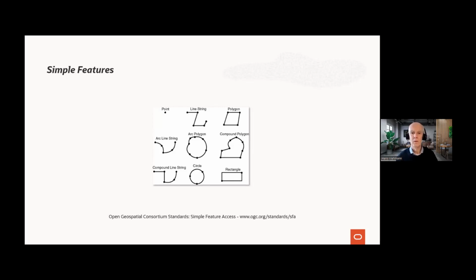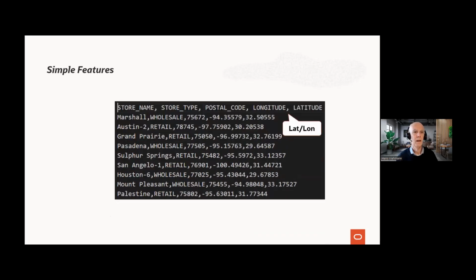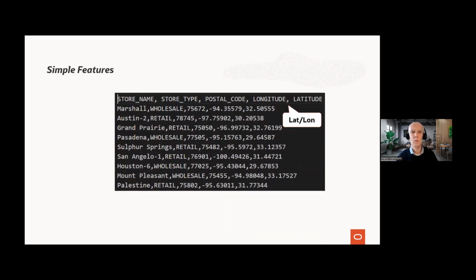points would be represented as latitude, longitude, like what we have here, for example, right? You have a table, you have a column which is longitude, a column which is latitude. And by the way, did you know you can create a spatial index directly on these columns? If you didn't, we'll show you in a moment, okay?